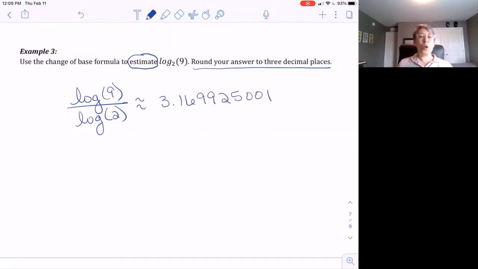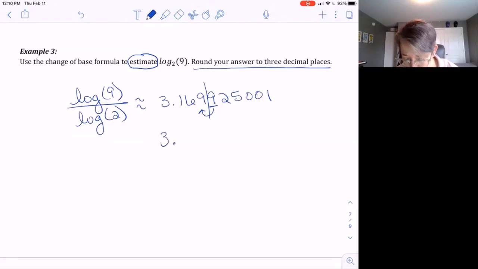3.169925001. But some of us have been getting our homework problems wrong, not because we're doing the work wrong, but because we're not rounding our answers correctly. So when it says to round to 3 decimal places, 1, 2, 3, we still have to look at that next number and round up. Granted, that's going to give us, if we look at it like hundreds, 169, it's going to round up to 170 or 0.170.